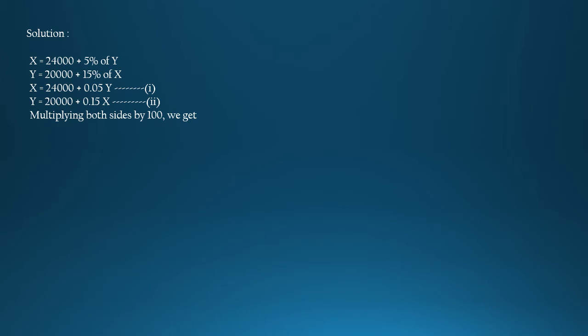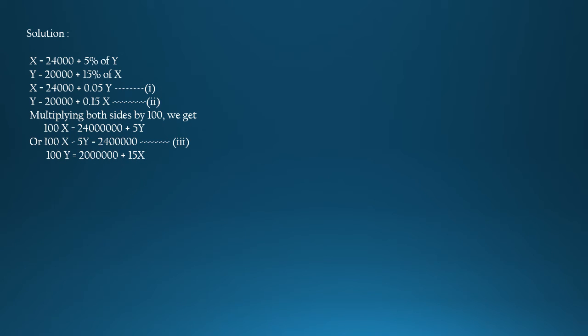Now we will multiply both sides by 100 and we get 100x equals 24 lakh plus 5y. If we multiply the first equation by 100, we get this equation, and we can write it as 100x minus 5y equals 24 lakh. This is our third equation.